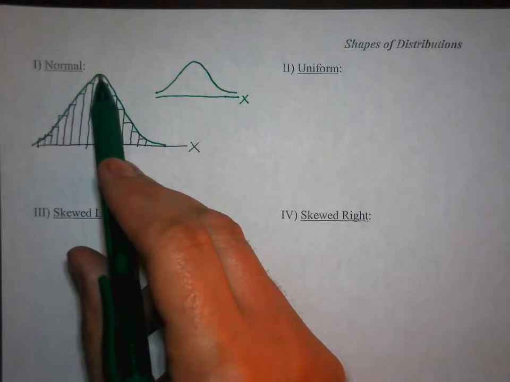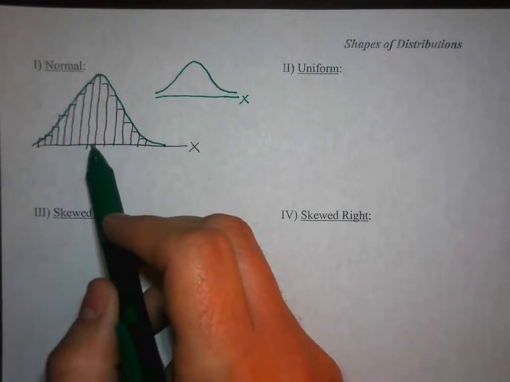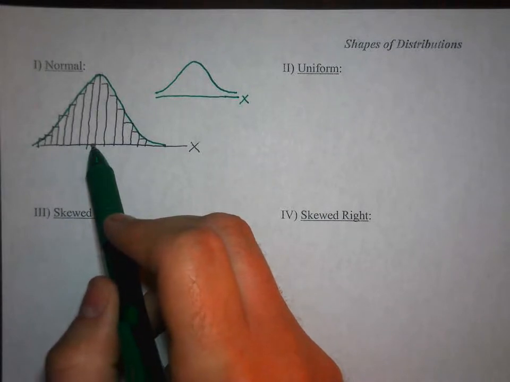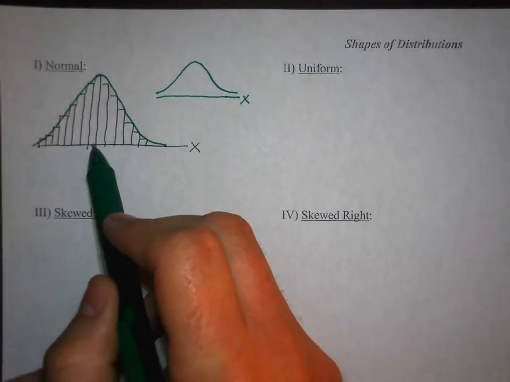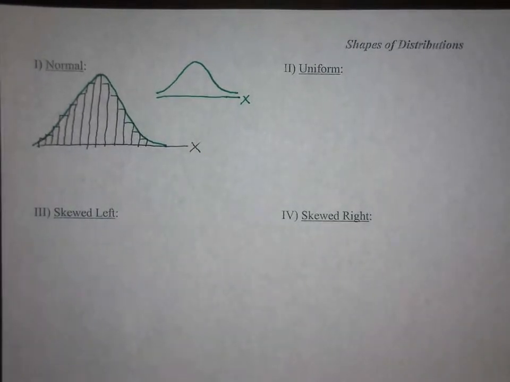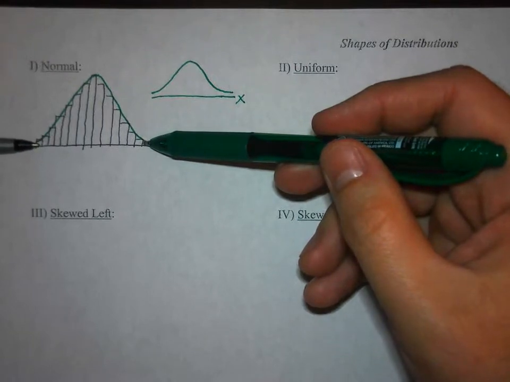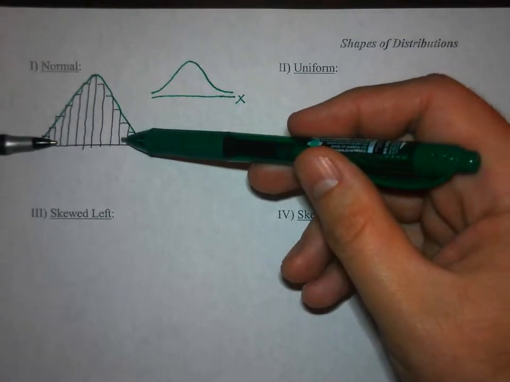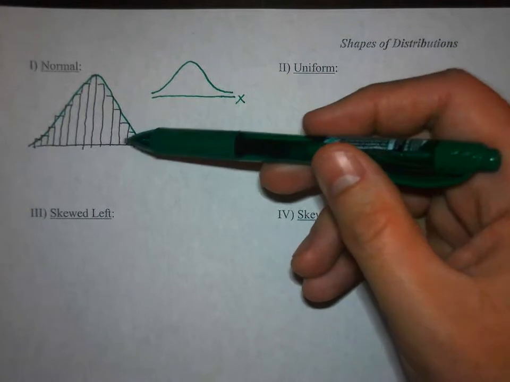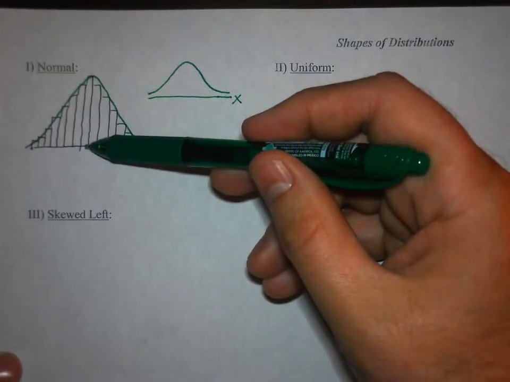So the mode will be the highest bar, which is right in the center. The median is the middle number. If you count the same number of data values from each end, whatever the frequency is on one end, the other end is about the same, the next bar about the same, and so on. So the middle data value would also be right in the center, where the mode is.